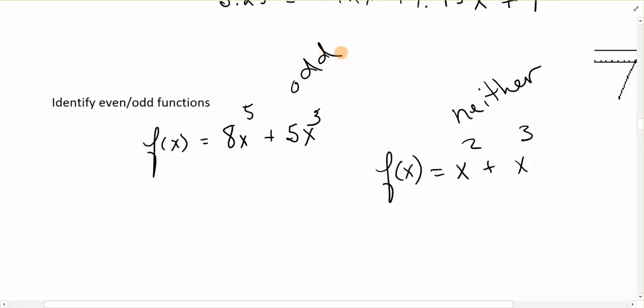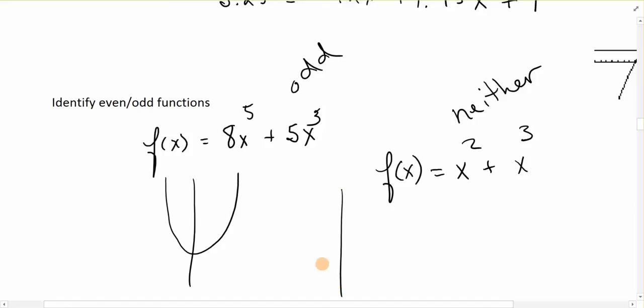Also, even ones, if you just saw a picture, an even one is symmetrical about the y-axis. What does symmetrical mean? What does it mean if something's symmetrical? Same on each side. So if you fold it, it would look the same? Absolutely. So an even one is the same on both sides. That would be an even function.